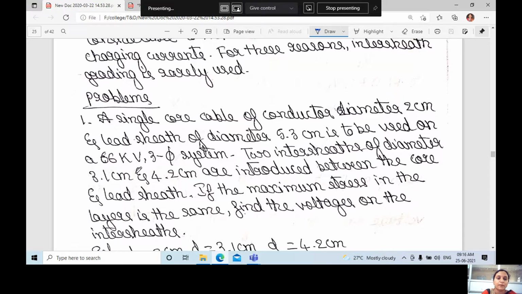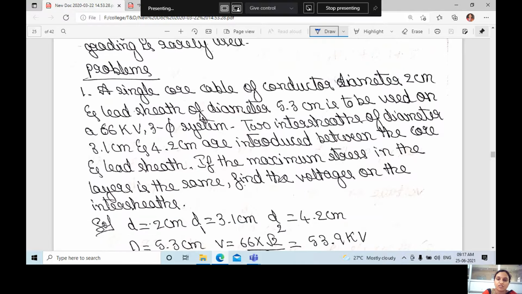Two intersheaths of diameter 3.1 centimeter and 4.2 centimeter are introduced between the core and lead sheath. If the maximum stress in the layers is the same, that means we need to find V1, V2, V3.